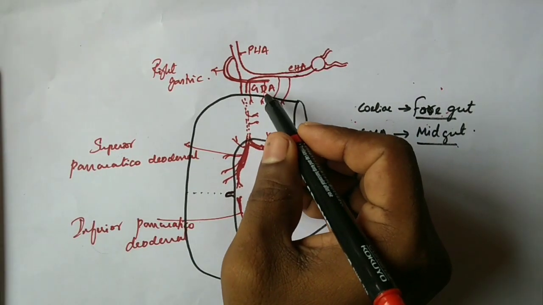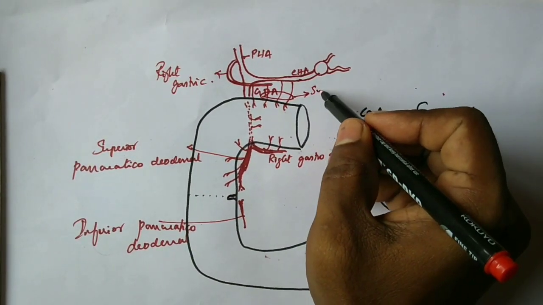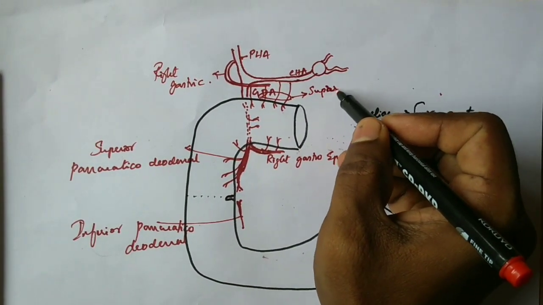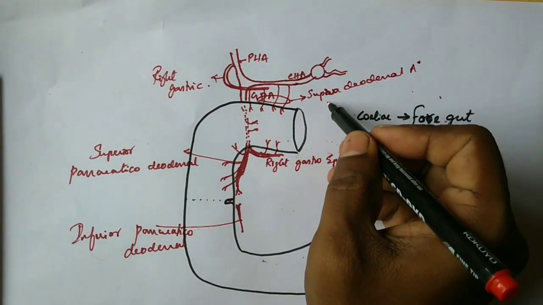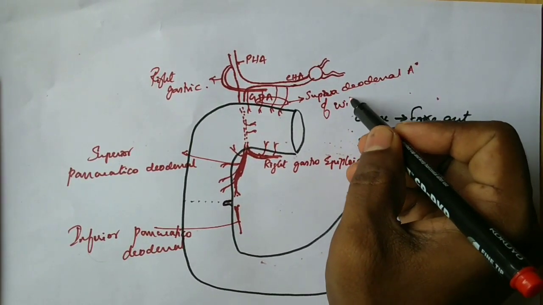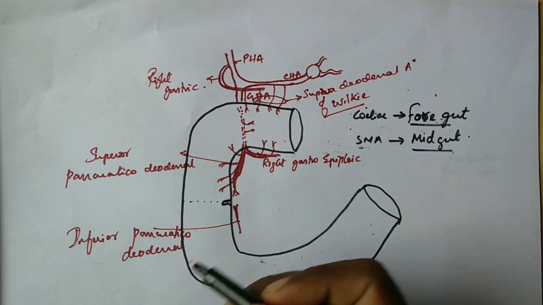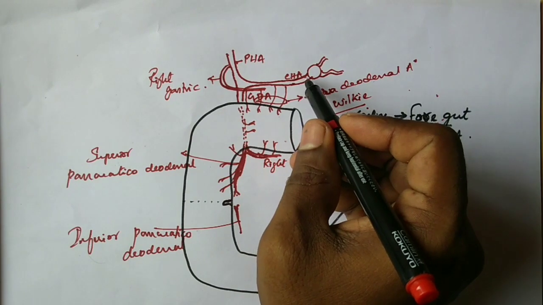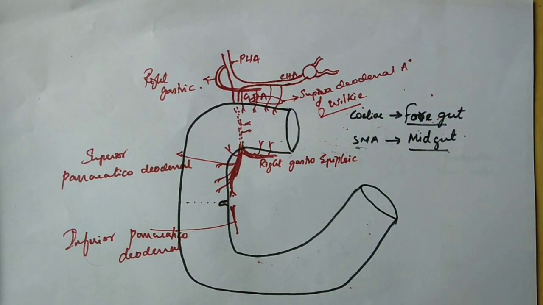These arteries arising from the common hepatic artery are called supraduodenal artery of Wilkie.